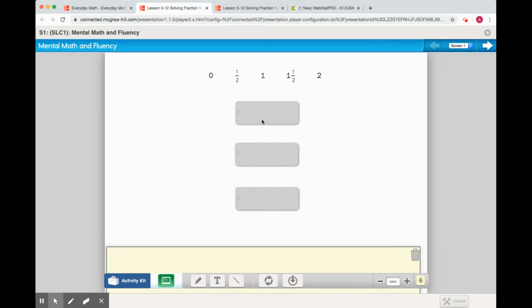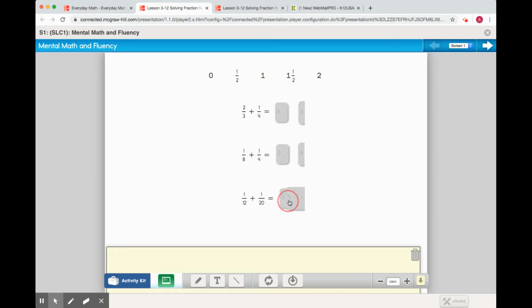Okay, for mental math and fluency, you have some whole numbers, 0, 1, and 2, and some fractions, a half and 1 1/2. What I'm going to do is slide 3 problems over, and I don't want you to solve them. I just want you to think, okay, 2/3 plus a 4th, what do you think that's closest to?